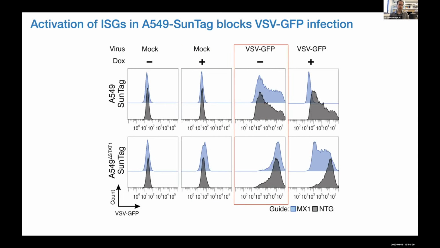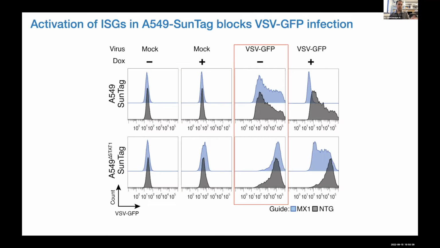When the cells are infected with VSV-GFP, we can see a very strong accumulation of GFP expressing cells, although it's very different between the wild type and the STAT1 knockout cells, which can teach us something about the relevant contribution of endogenous interferon in that system.